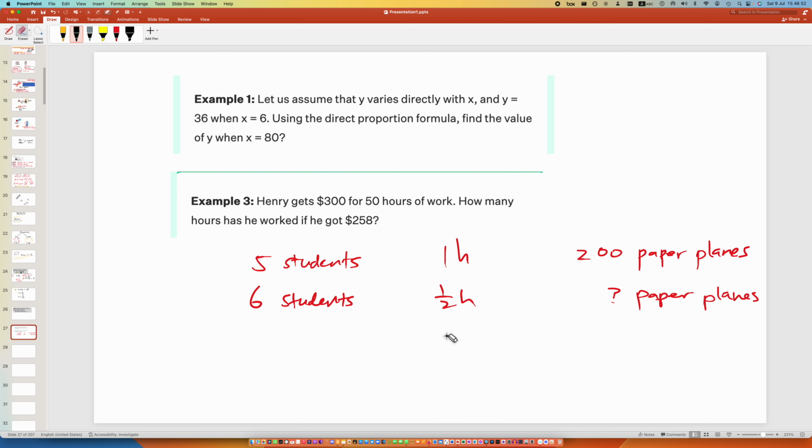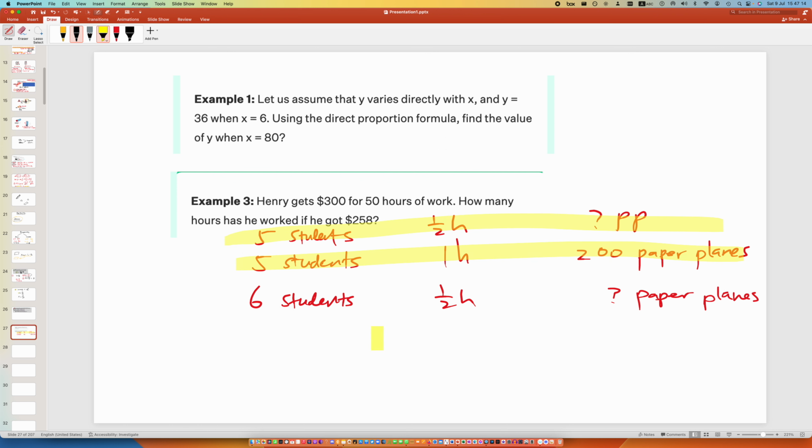Yes or no? No. Okay, good. So just now the question is 5 students, half hour, how many paper planes? So just now what you see, just now the question here.